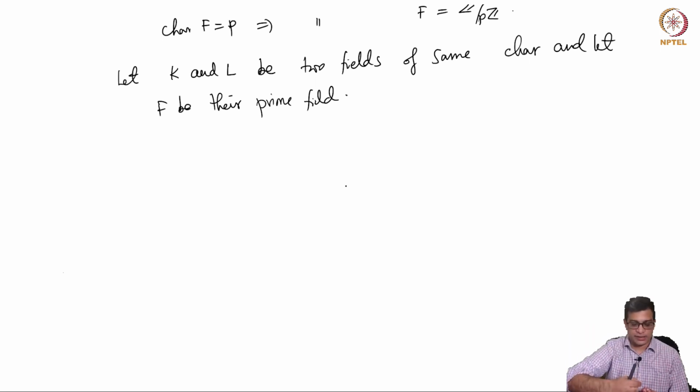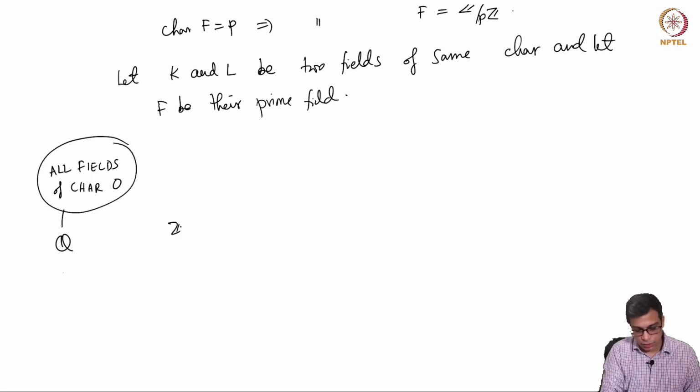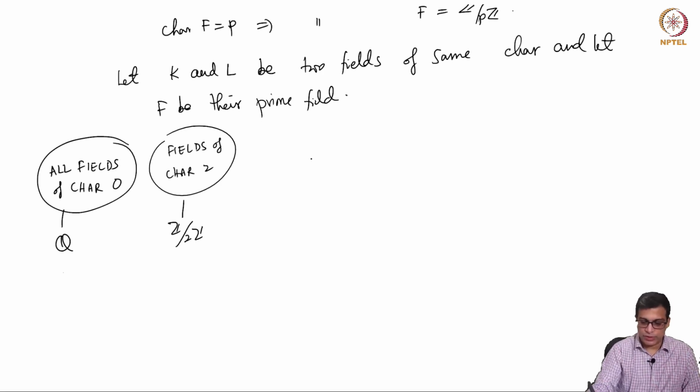So every field of characteristic 0 sits above Q. Q is all the way down, all fields of characteristic 0 are above Q. Similarly, all fields of characteristic 2 live above Z mod 2Z. So basically all fields lie above this. Similarly, all fields lie above Z mod pZ for all primes.